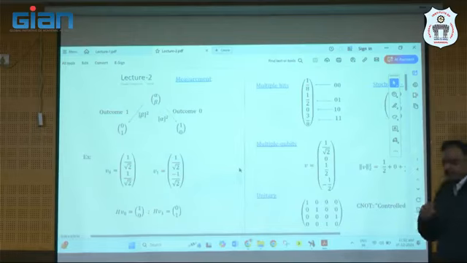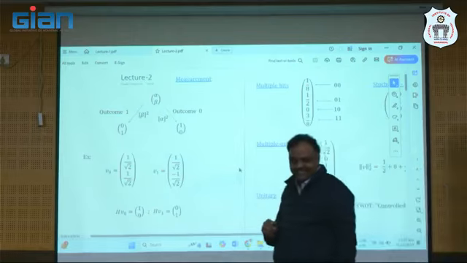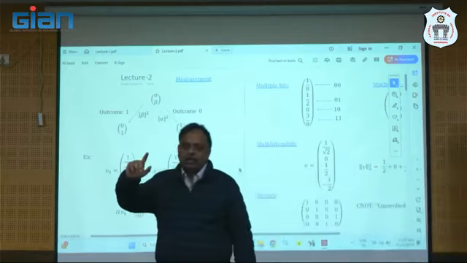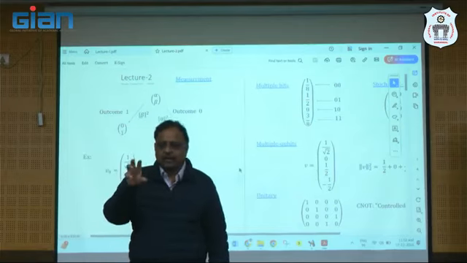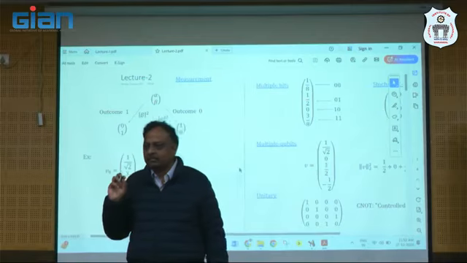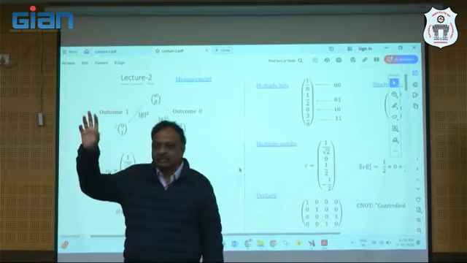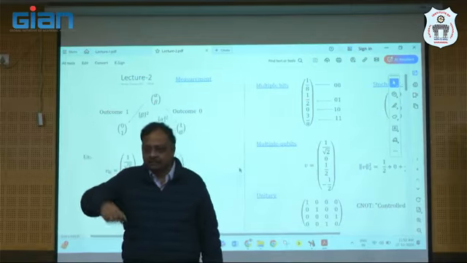Okay, maybe let's make this also interactive. Who would like to volunteer to come and do this? We just have to multiply the Hadamard transform with this vector. Please, anybody can volunteer? Yes.